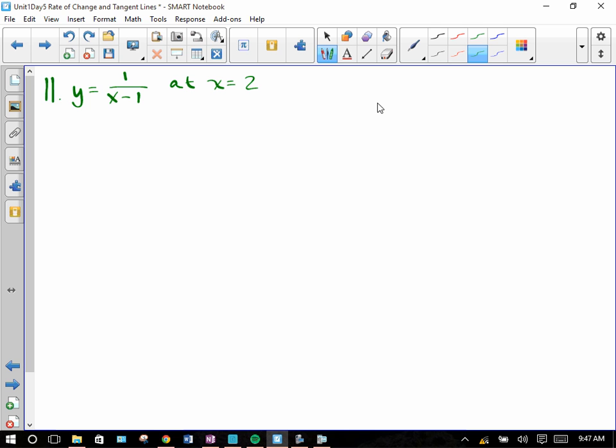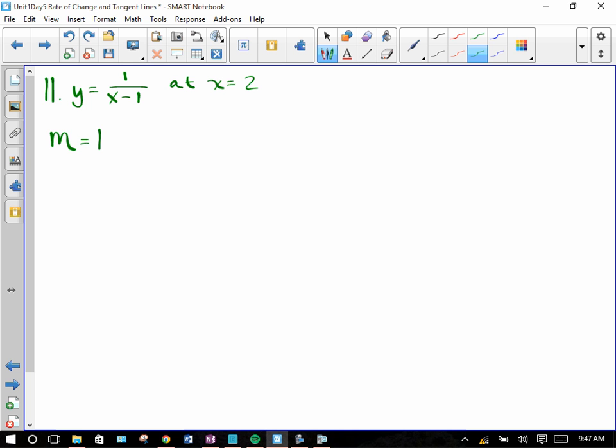So, the first thing we need to do is find the slope, tangent line, normal line, graph. All 3 things. So find the slope first. You have to use the definition.